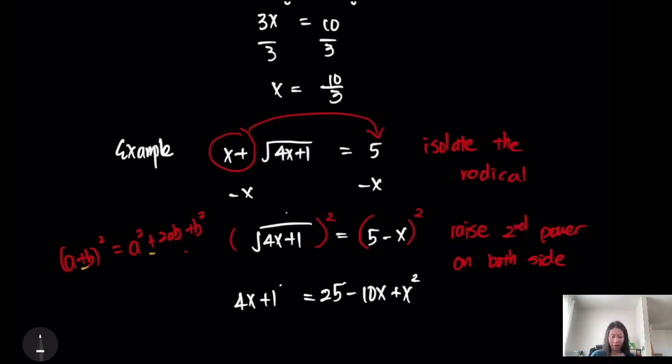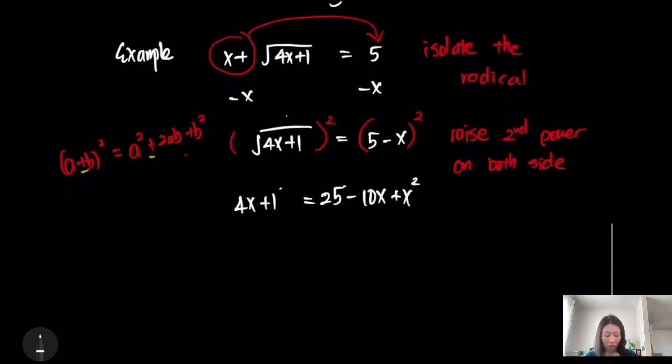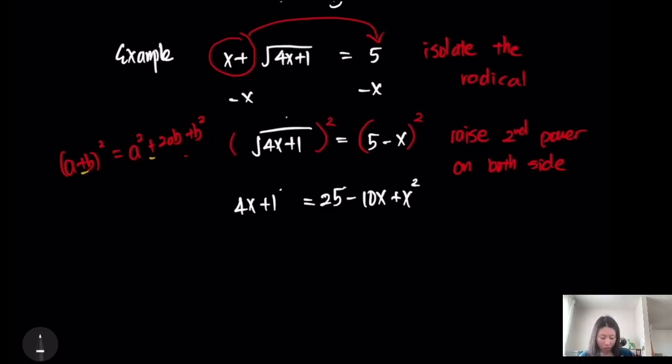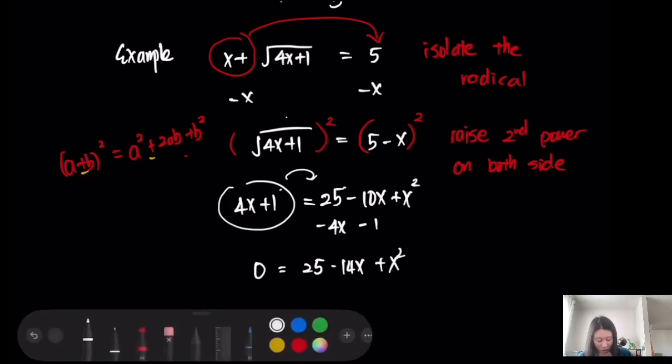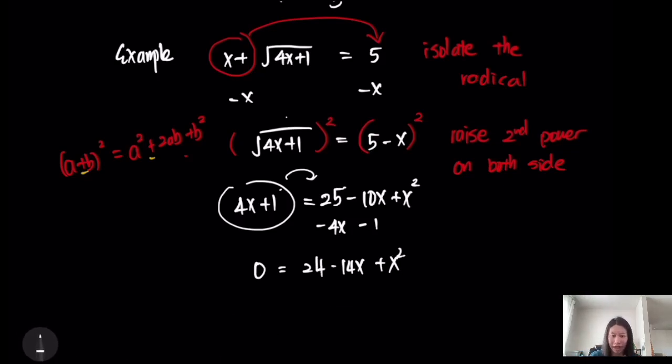Now we can solve for x like we solve a quadratic equation. We can move all the terms to one side and set the equation equal to 0. So subtract 4x and then minus 1. So I have 0 equals 24 minus 14x plus x squared. After this, you can either factor it, use the AC method to factor it, or you can use the quadratic formula.